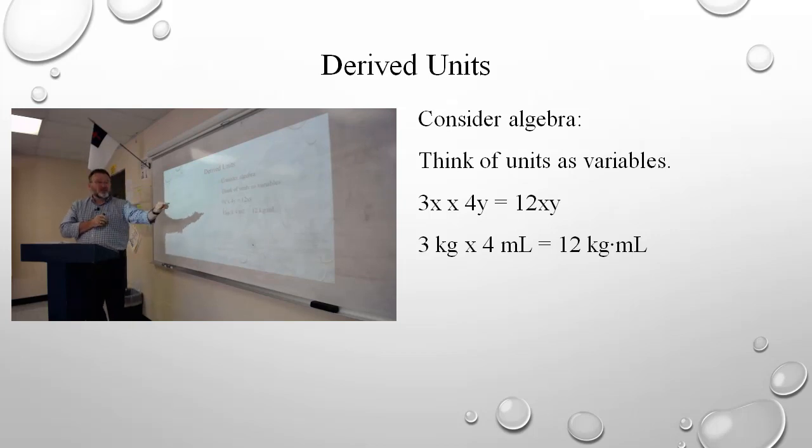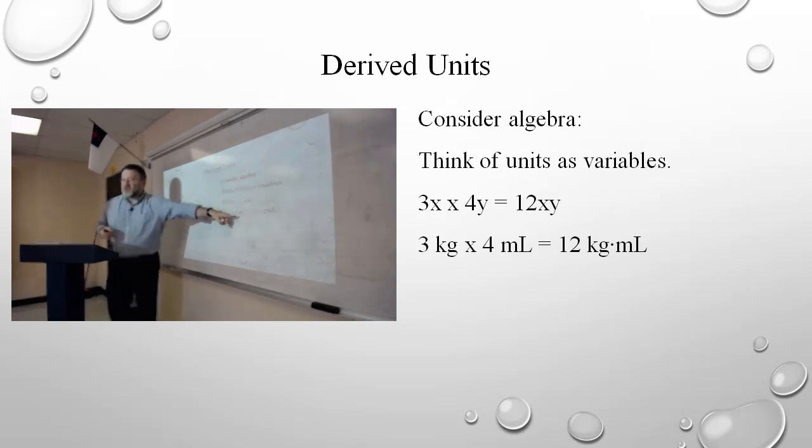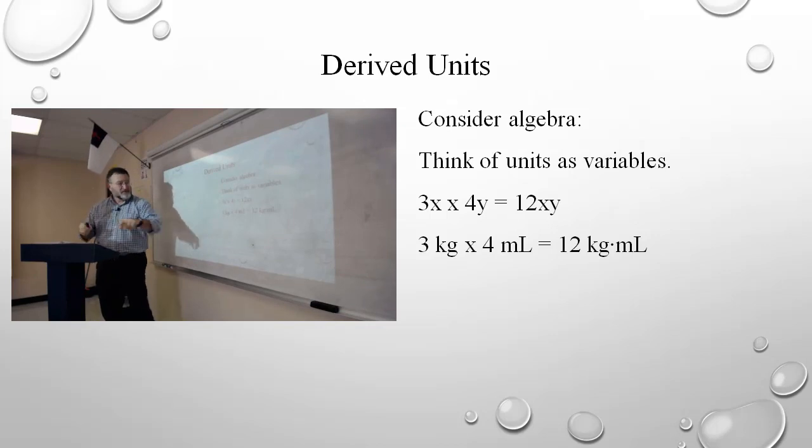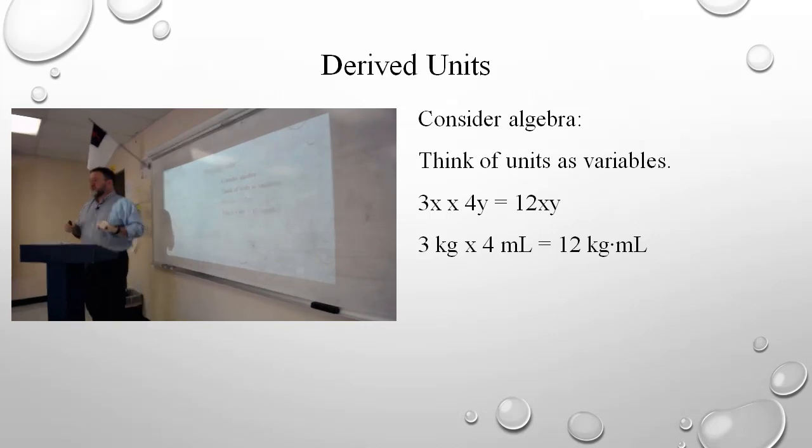But the units, they're correct because they're derived units. They don't really exist as something we commonly measure, we commonly look at, but they do exist because that is the right answer for this equation. There is such a thing as kilogram milliliters, because when you multiply kilograms times milliliters, you derive kilogram milliliters.